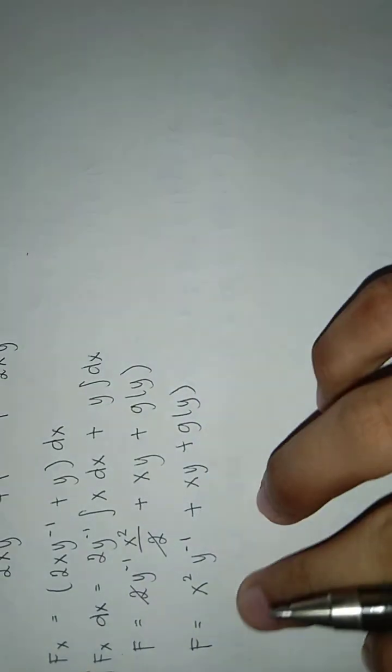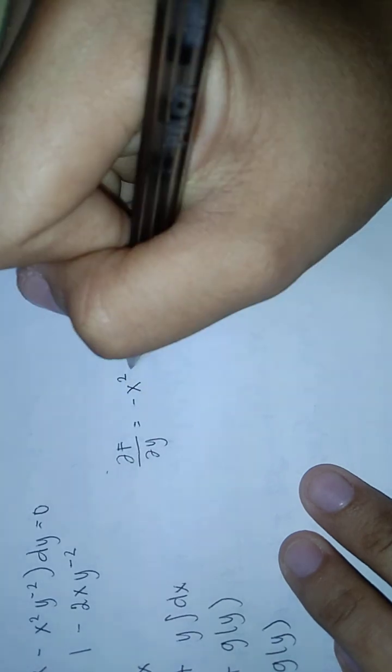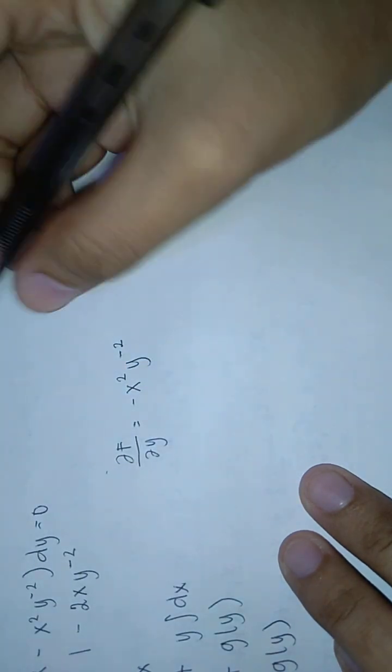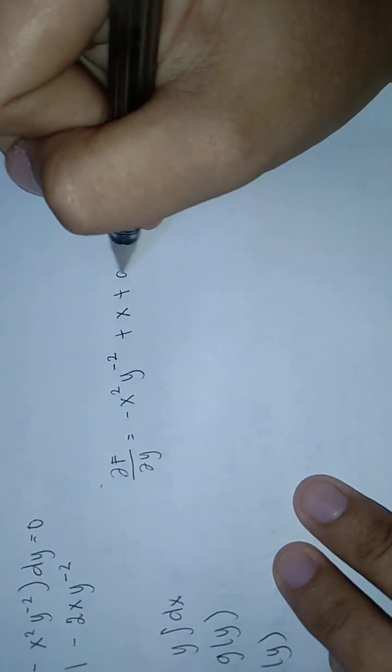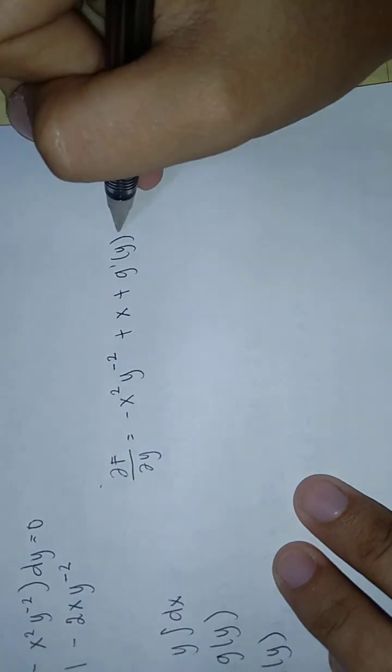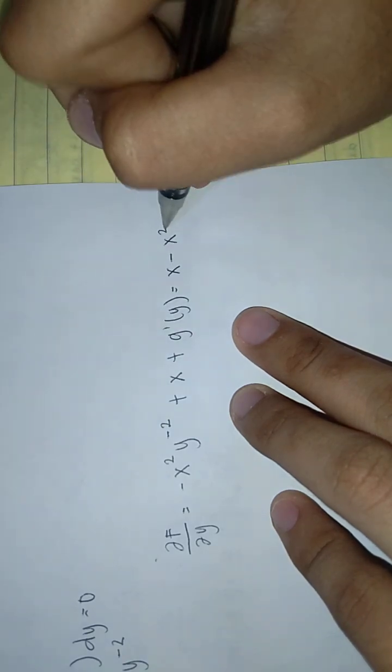Now we're going to derive this one with respect to y. So we'll have partial of f in terms of y equals to the derivative of x squared y raised to negative 1, which is negative x squared y raised to negative 2, plus derivative of xy is simply x, and the derivative of g of y is g prime of y, equals to our N, which is x minus x squared y raised to negative 2.